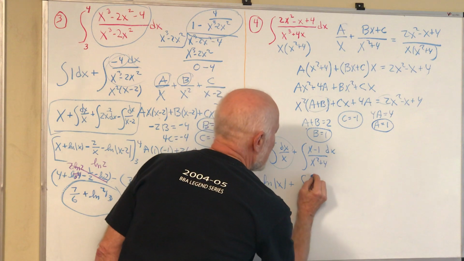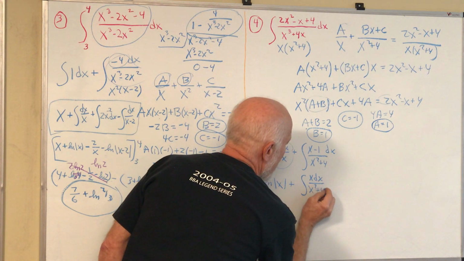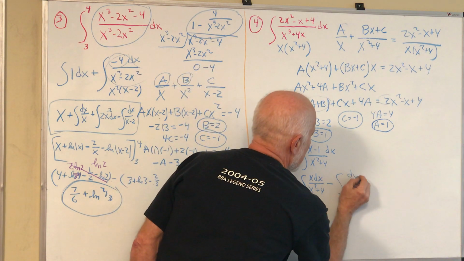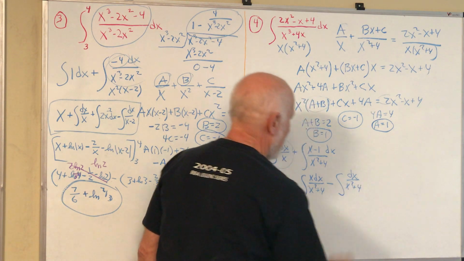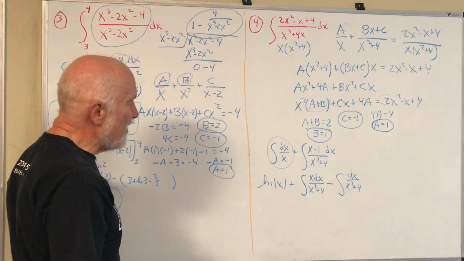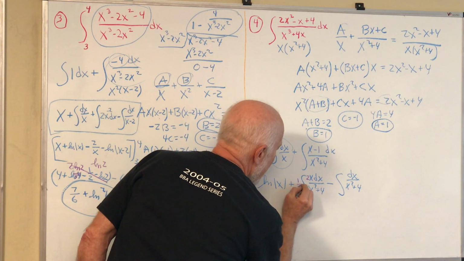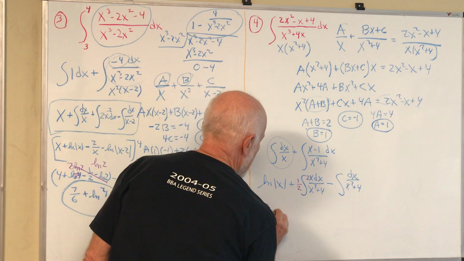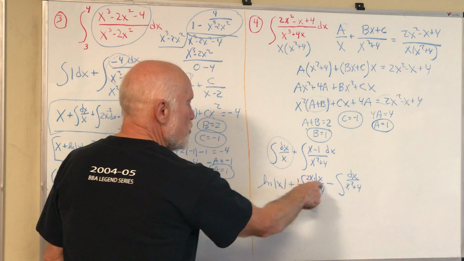We can make it x dx over x squared plus 4, and then minus the integral of dx over x squared plus 4. And see if we can get it into a form we like. Well, if I put a 2 and a 1/2, I haven't changed that one. And now it's in the form of du over u.